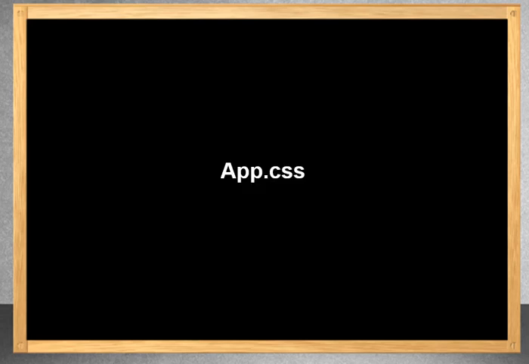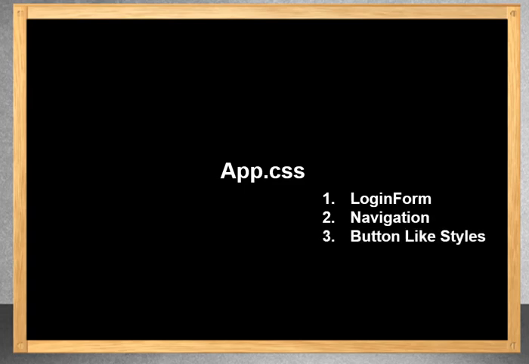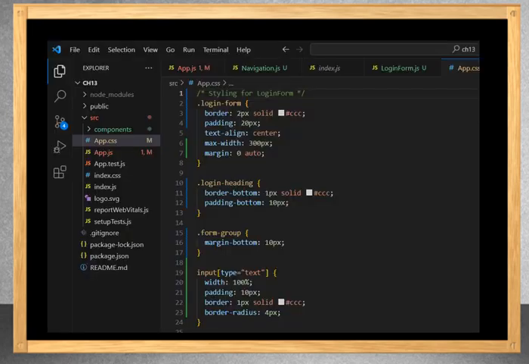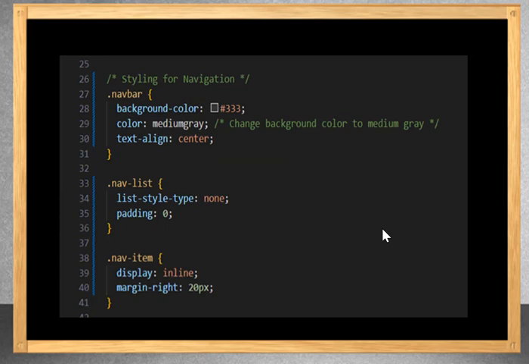Then there's the app CSS. I did styling on the login form and the nav bar, and like I said, we created some button-like styles. So here is the styling for the login form. Nothing really special there, just maybe some colors.